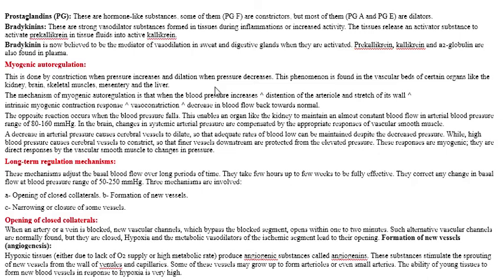Opening of closed collaterals: these are arteries that can be blocked, and a new vessel can occur which can bypass the blood. When there is a block of an artery, there will be opening of arteries so that the tissue will not become necrotic. There will be no dead tissue. This is what we call collateral circulation.